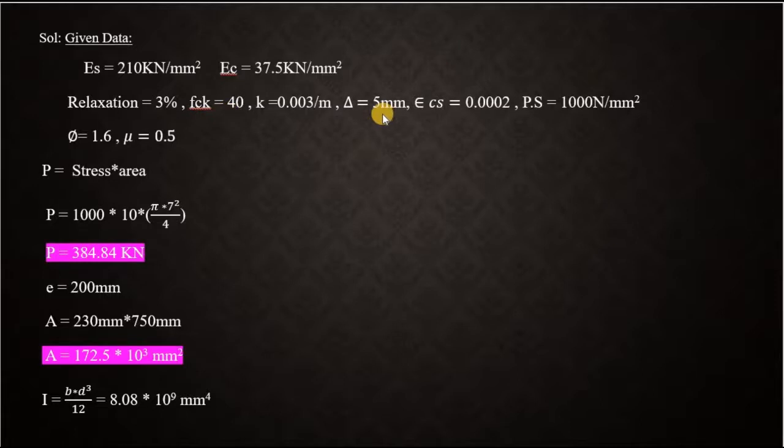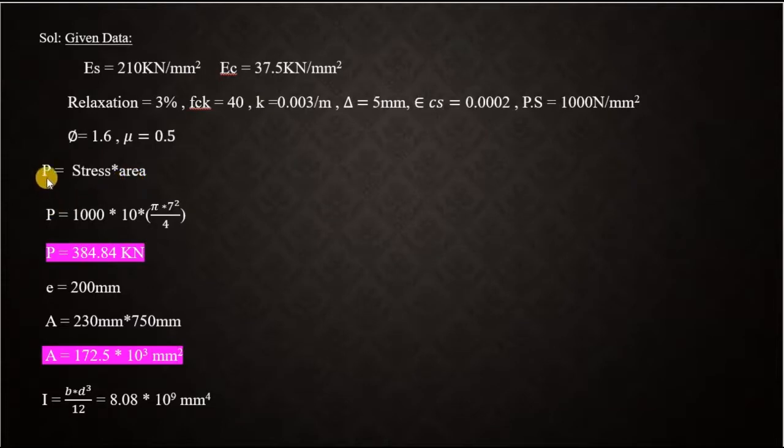Then K is the coefficient of wave effect, delta is anchorage slip, epsilon Cs is shrinkage strain, Ps is initial stress, phi is the creep coefficient, and the coefficient of friction is mu, that is 0.5. These are the data given.